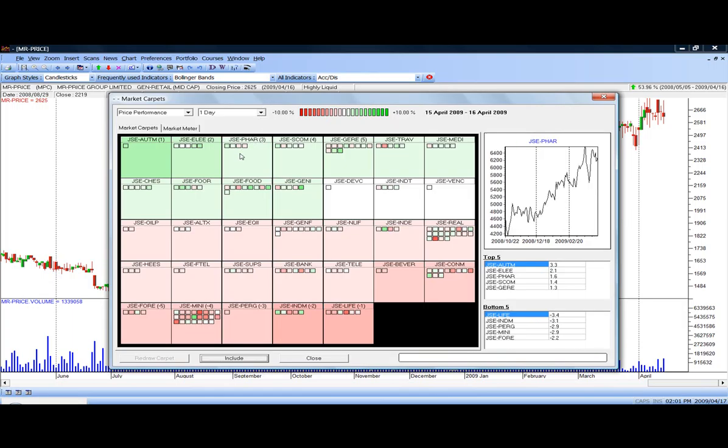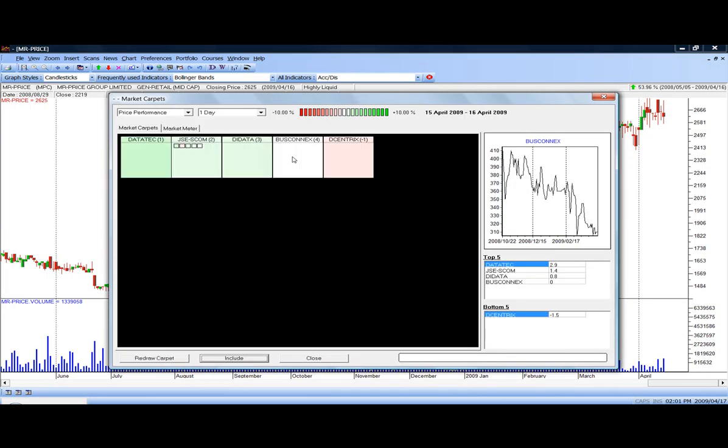If you now want to know what shares these are, you can click on each of these squares. In this case, let me take this square, and now you can see that in this sector there are the sector itself, Datatec, DiData, Business Connection and Decentrix.